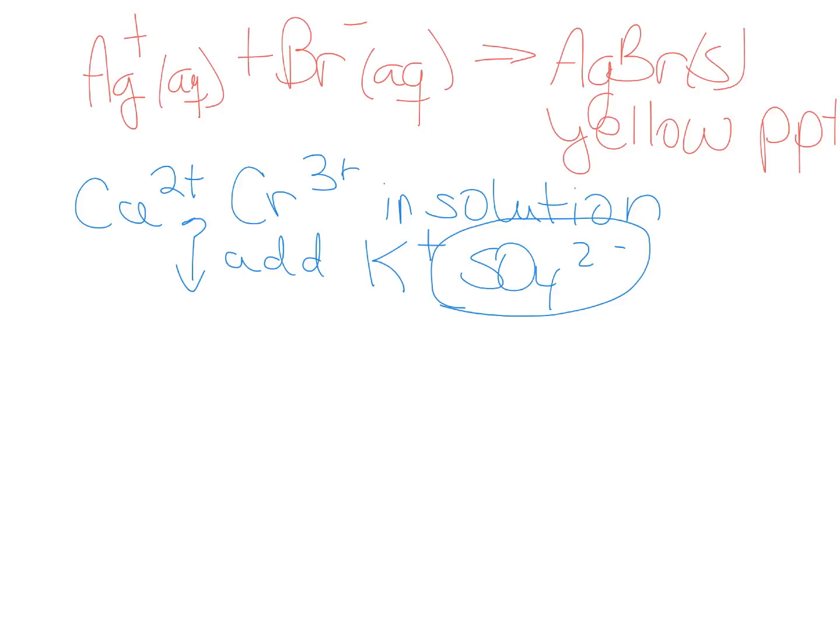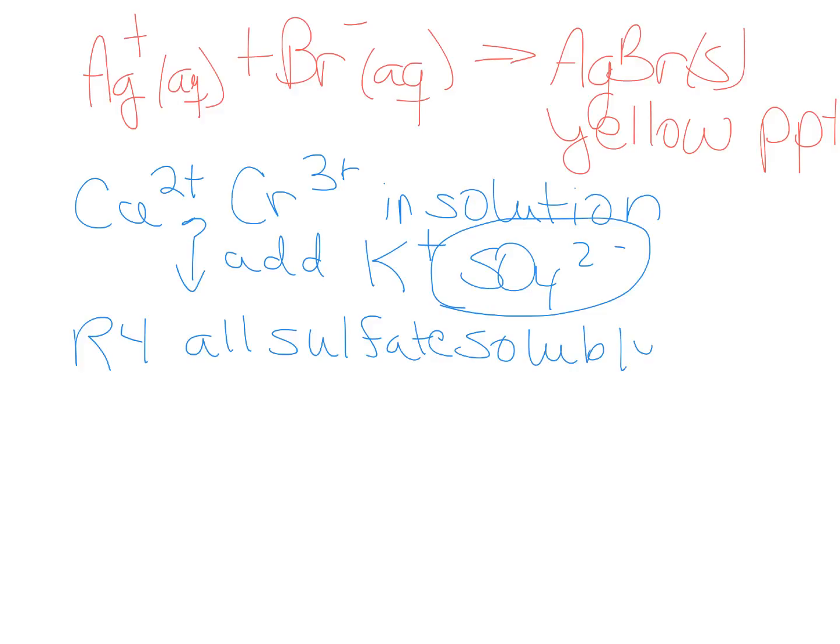Now, there is a solubility Rule 4 that says all sulfates are soluble, but again there is an exception. And one of the exceptions in that rule is calcium 2+. So we know that calcium 2+ is going to precipitate with sulfate 2-.